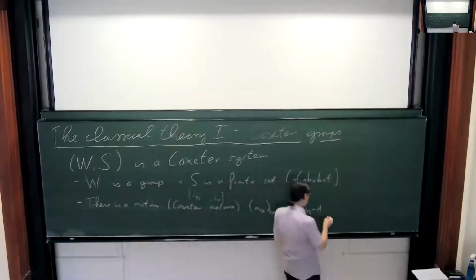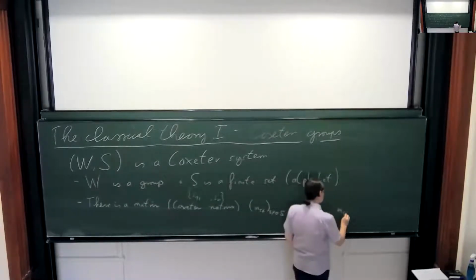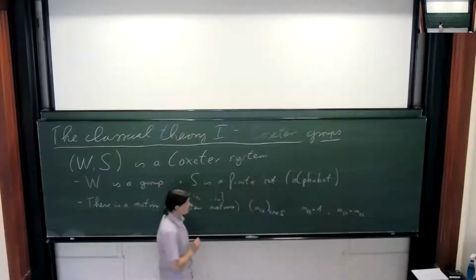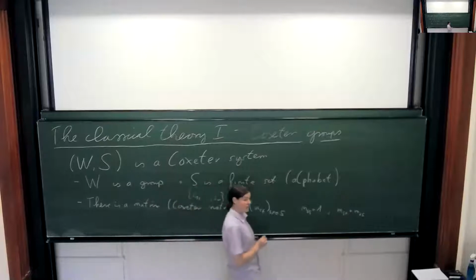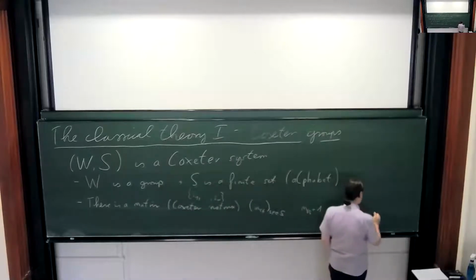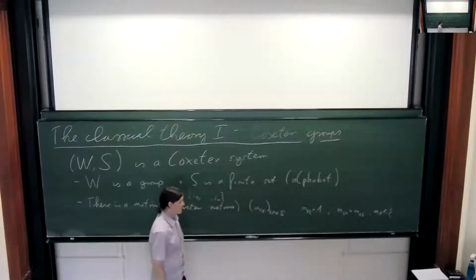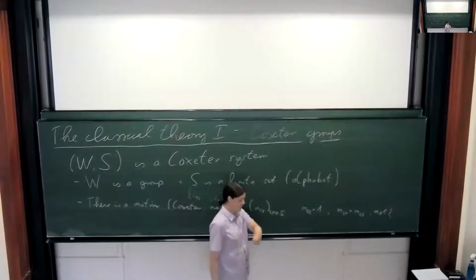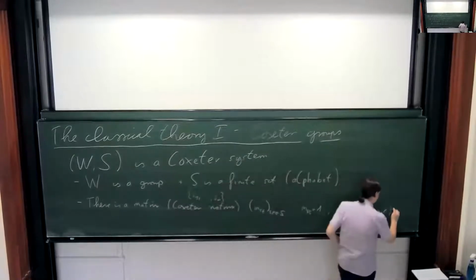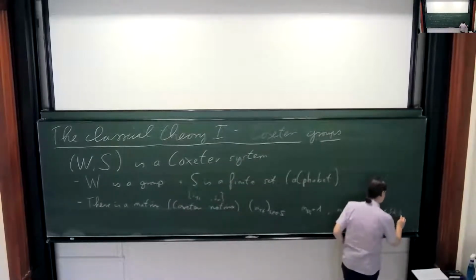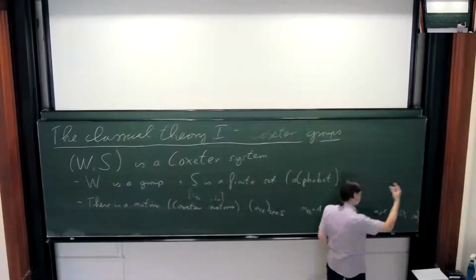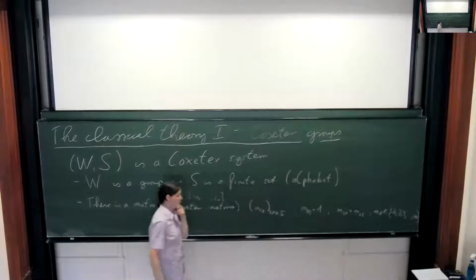And it's symmetric, so m_st equals m_ts. And my entries are special. The non-diagonal entries are from the set 2, 3, 4, 5, 6, and so on, including infinity. So I allow the strange entry infinity in my matrix.